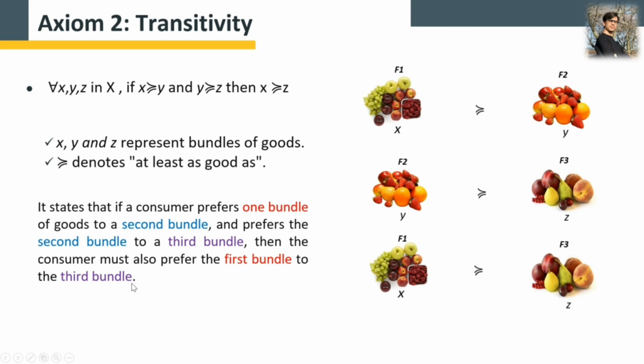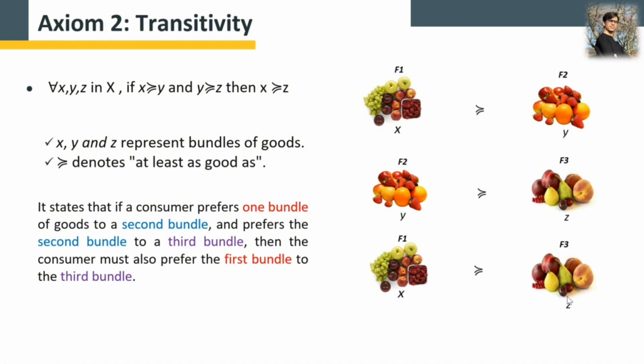So now let's have another bundle of fruits in our set of choices, which is F1, F2, and F3, or another notation that we use, X, Y, and Z. If X is at least as good as Y, and Y is at least as good as Z, then X is at least as good as Z also.